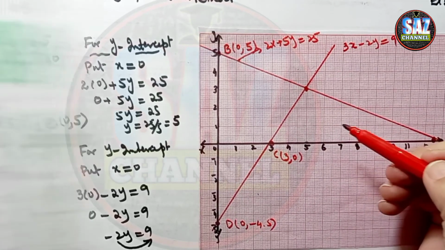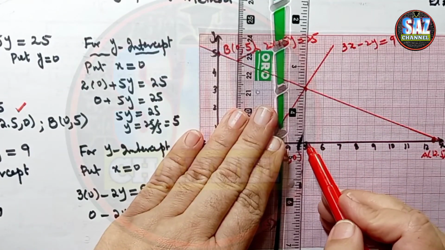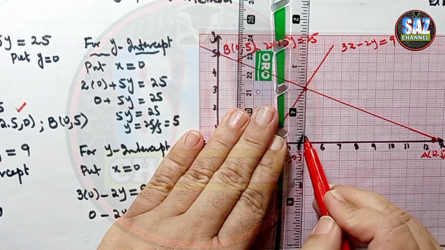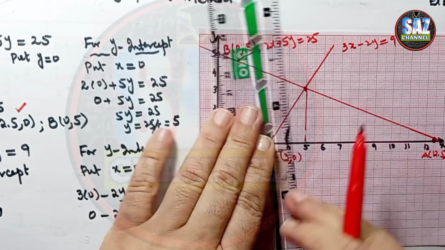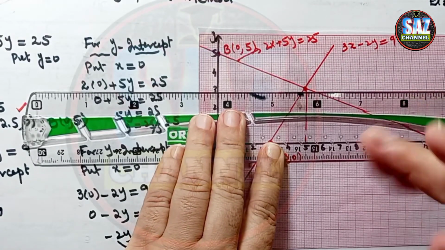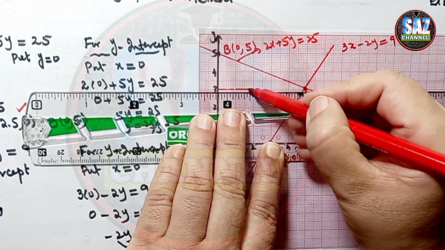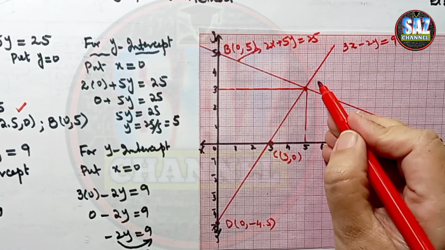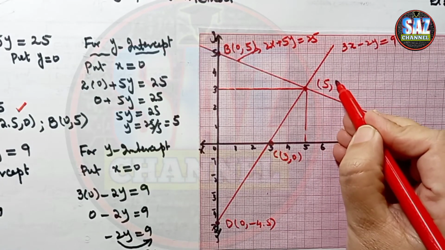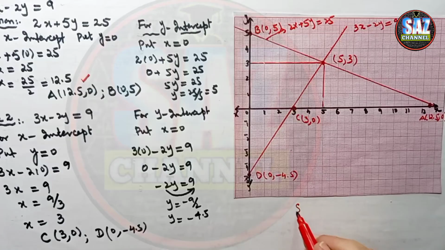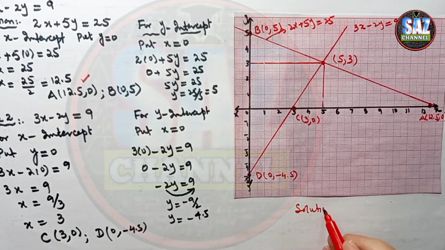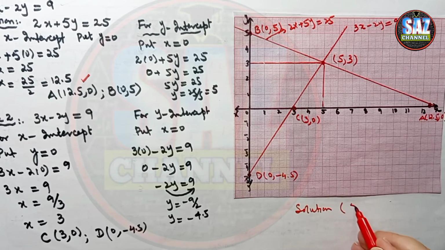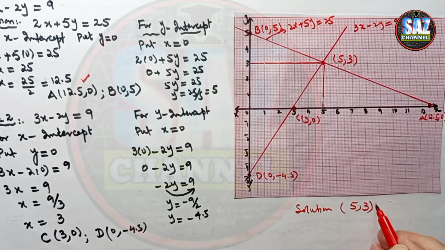First of all, we have to read the value of x, and the value of x is 5. In front of that, the value of y will be 3. So the solution is 5 and 3: x value is 5 and y value is 3.